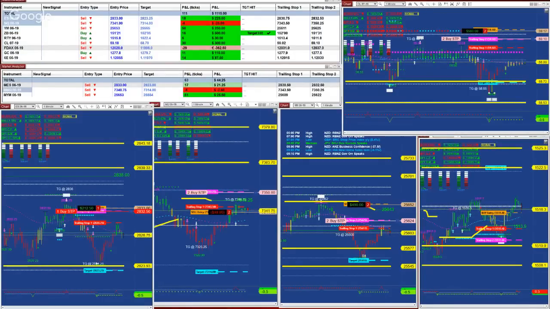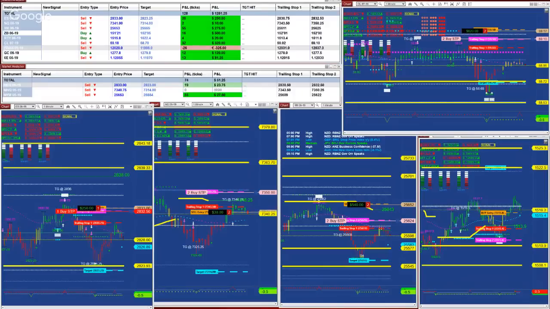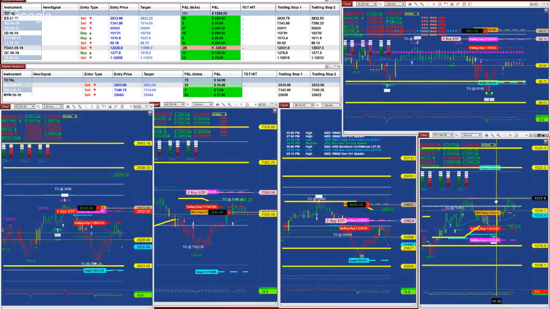I'm encouraging my traders not to use the full automated, but to use the ATM, so they can learn and develop their own trading.